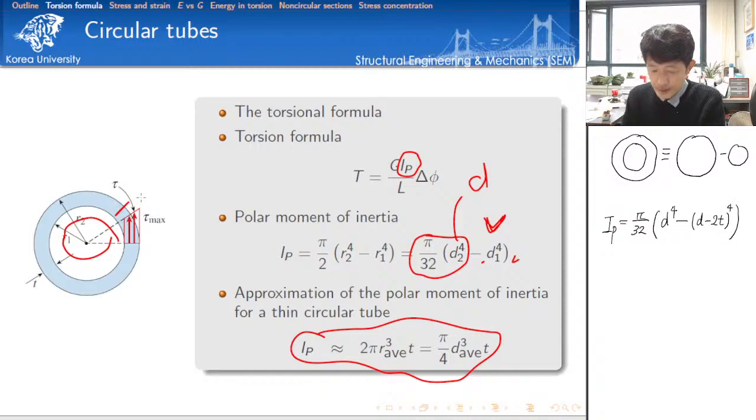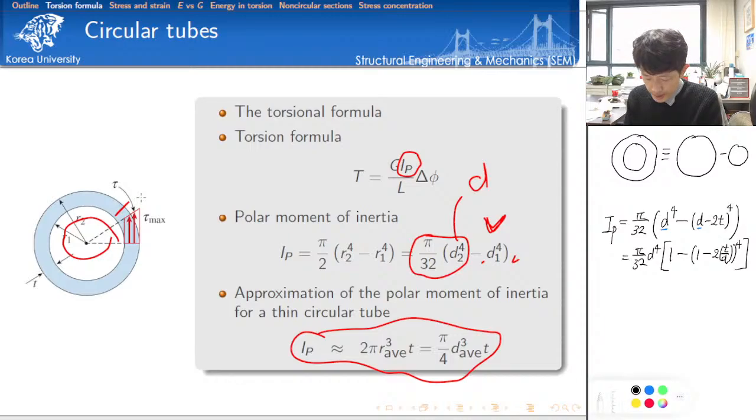This is exactly the same as before. Since we have a common term d, let's take it out to the front of this equation: d to the fourth times 1 minus 2t divided by d, to the fourth. Is it clear?